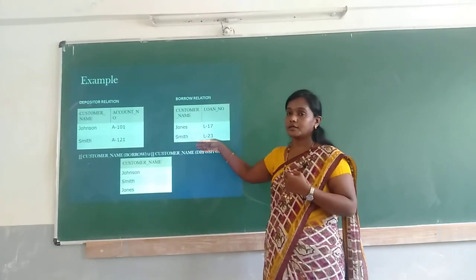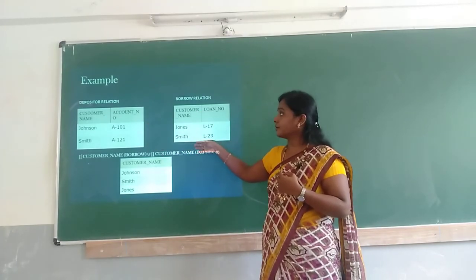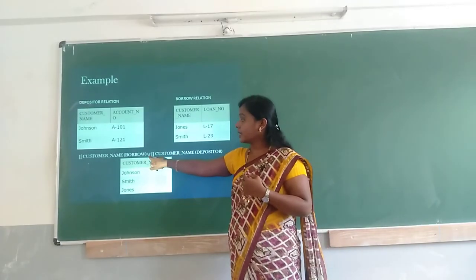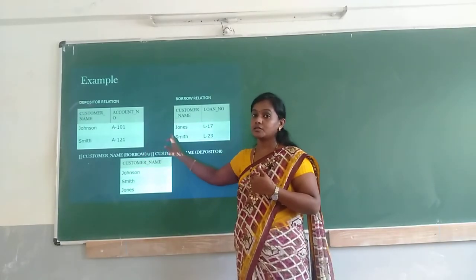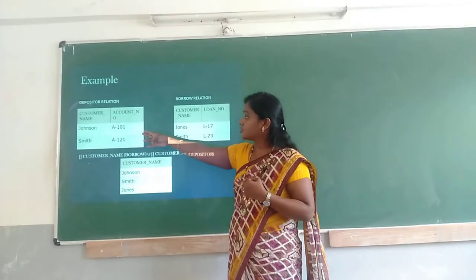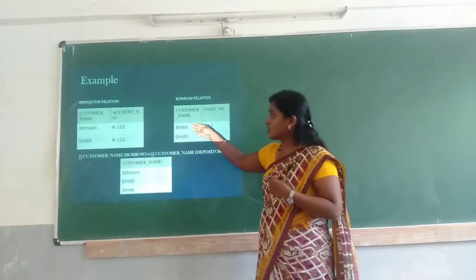Here also we are selecting only the customer name, and we are making a union operation with these two tables. That means Johnson, Smith.